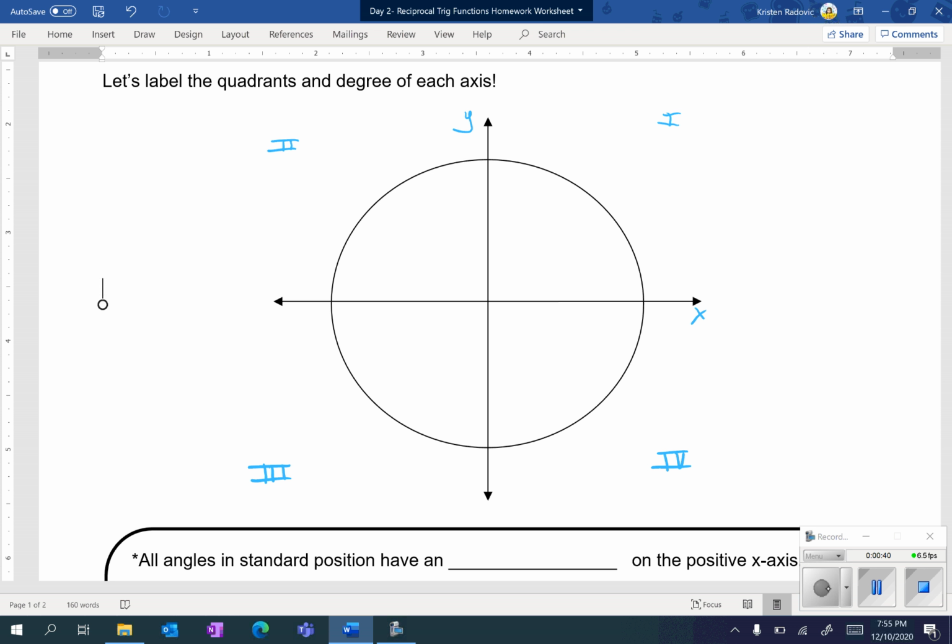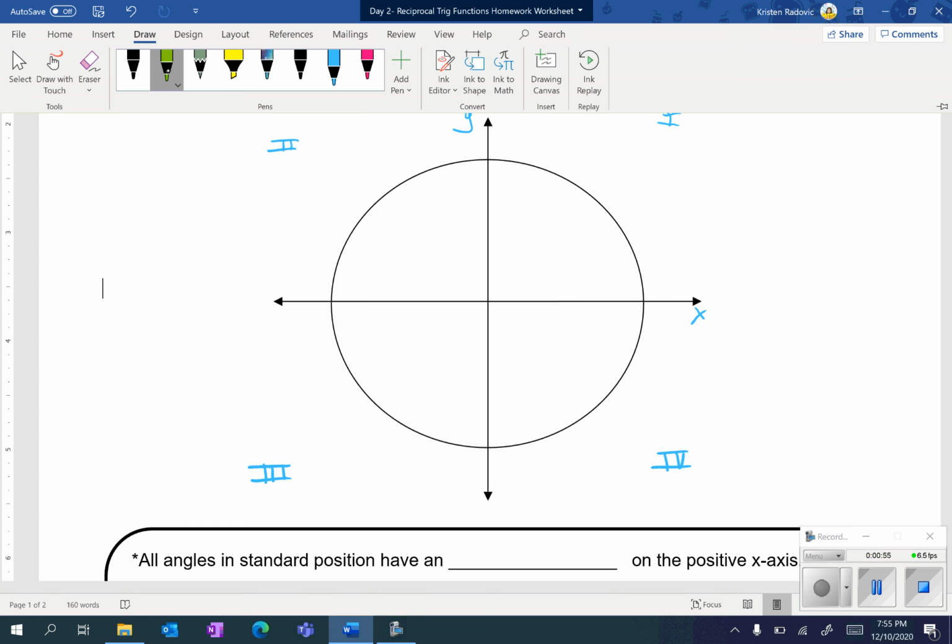Then we have a circle, which is 360 degrees. But we have 4 quadrants. So 360 degrees divided by 4 is 90. We're going to start with 0 degrees.